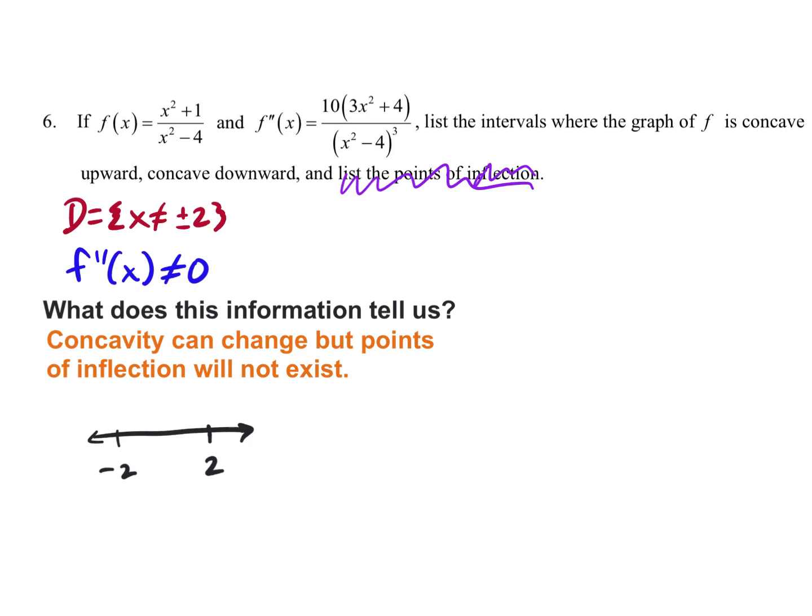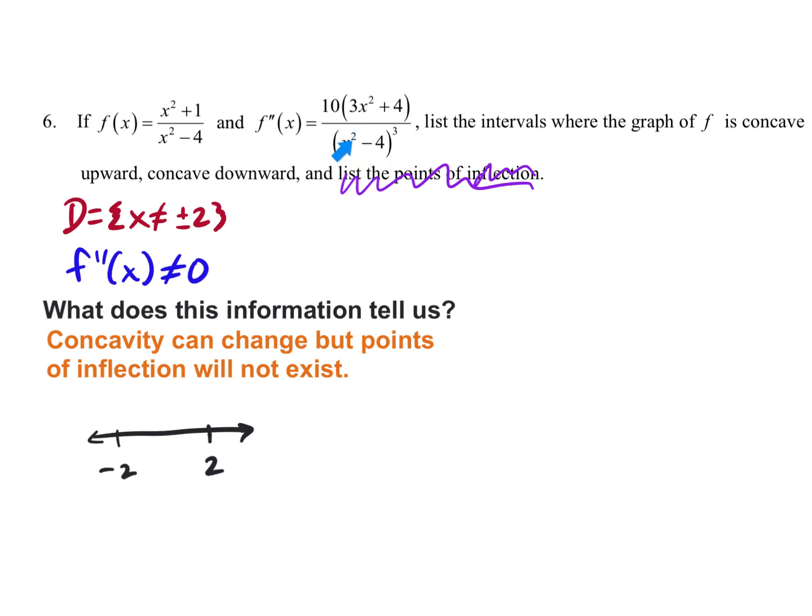Any number you put in for x squared is going to be positive, regardless of whether x is positive or negative. So what we have to worry about is when this value is less than 4. When this x squared is less than 4, then I get a negative value down here.